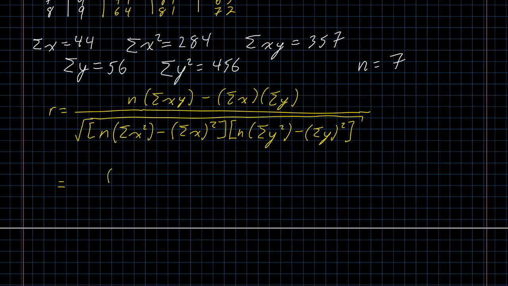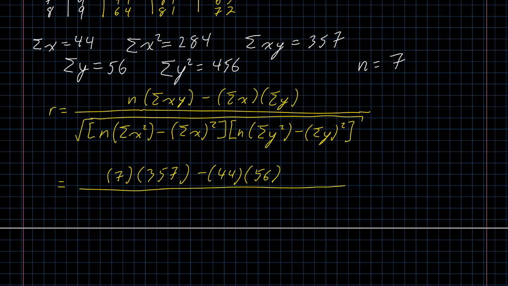N is 7. Sigma xy is 357. Sigma x is 44. Sigma y is 56. N is still 7.